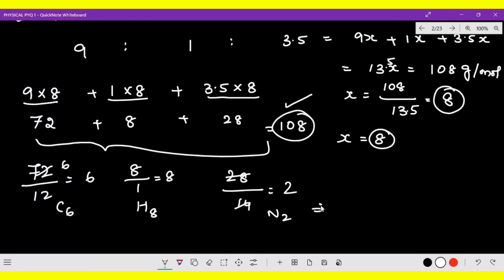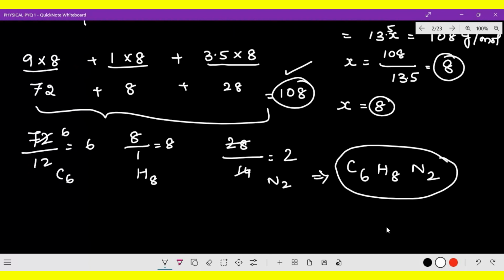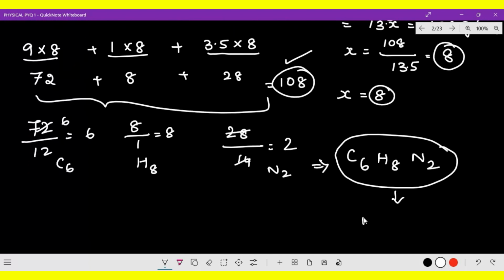So what is the molecular formula? C6H8N2. This is the molecular formula.